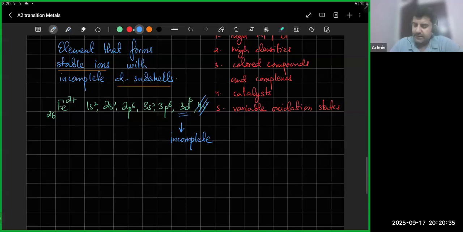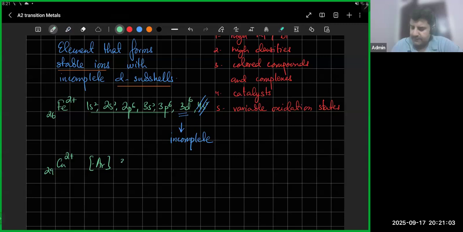Same is the case with, let's say, copper. Copper actually has two stable ions. One of them doesn't really exhibit transition metal properties. So, you can write the shorter version of the electronic configuration: up to this point, that's argon, so you can just write argon in square brackets.